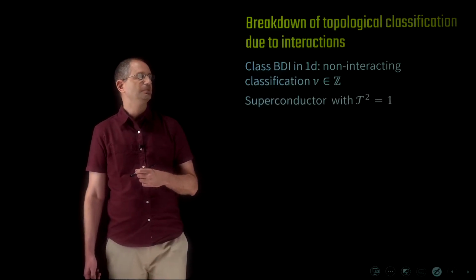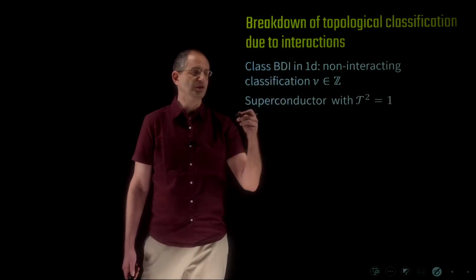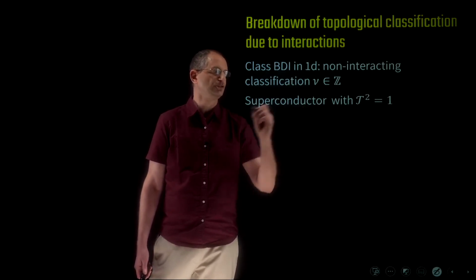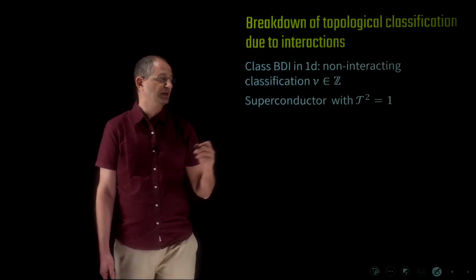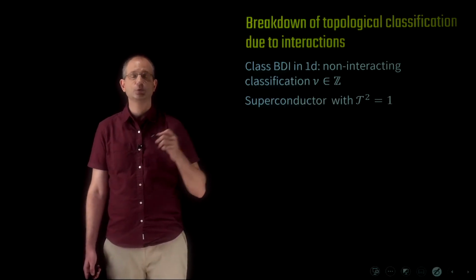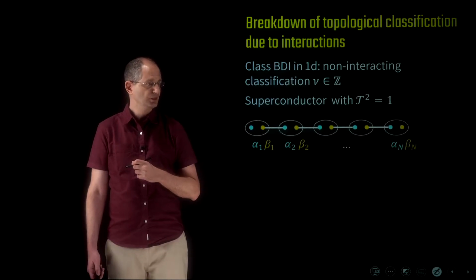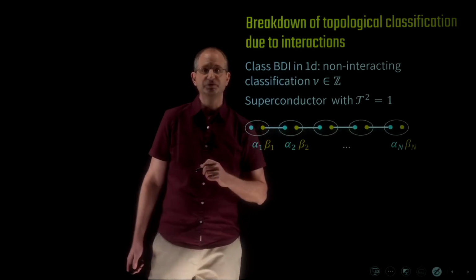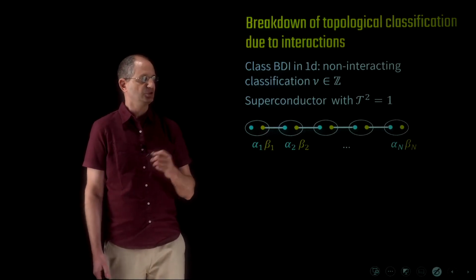So again, class BDI in one spatial dimension. So we're dealing with a one-dimensional superconductor that has time reversal that squares to +1 and also particle-hole symmetry that squares to +1. Okay, so the Kitaev chain that we've treated before is actually an example of such a phase.